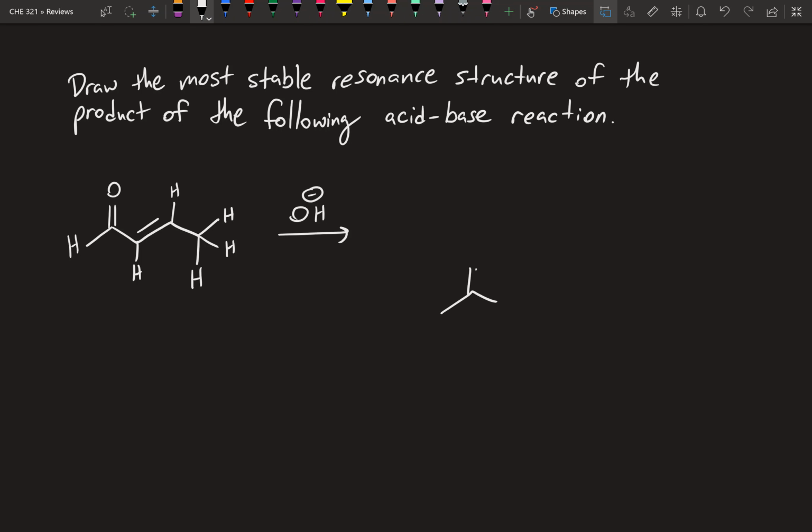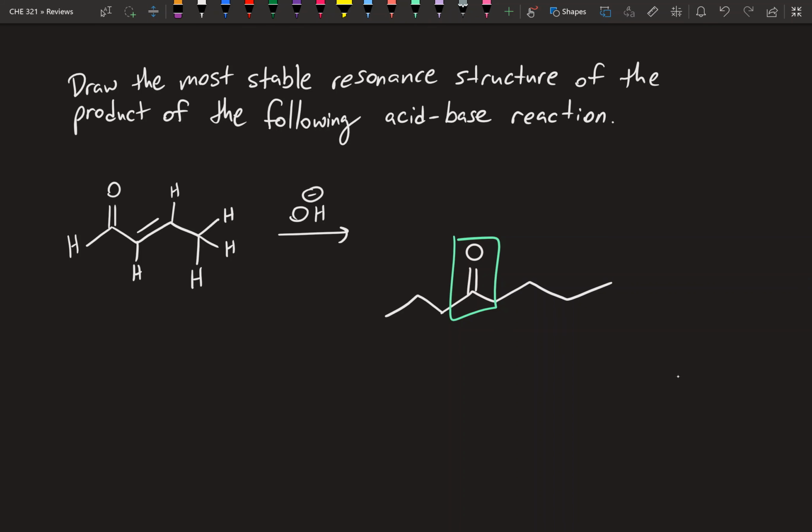So here's our carbonyl. I'm just going to draw a chain out here. The part of the carbonyl right here is the functional group. It is a carbon double bonded to an oxygen.